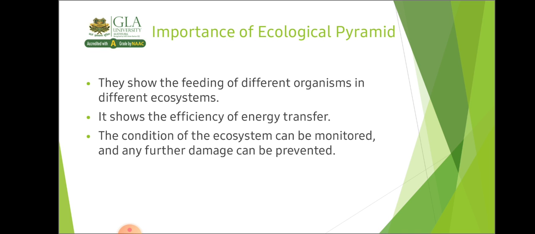It shows the efficiency of energy transfer from one trophic level to another trophic level in the pyramid. Then the condition of the ecosystem can be monitored, and if there are some sort of disturbances in that, we can take necessary preventive measures to control that damage.